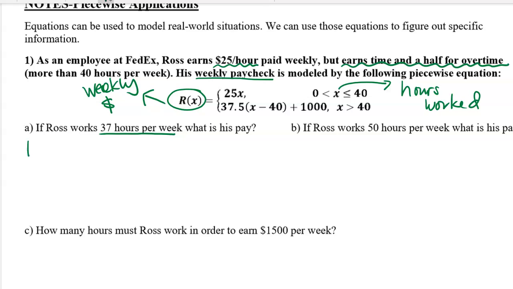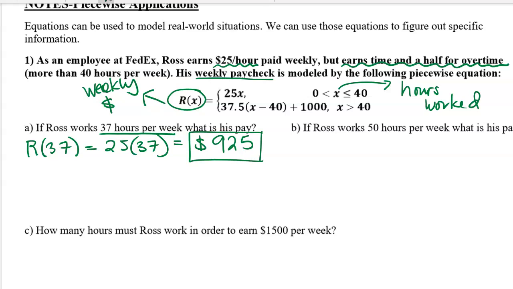Good job. All right, guys. So R of 37 equals 25 times 37. So we're plugging into the first one. Give me the final answer in this one. 925. What is the unit of measurement? That's his pay. Yep. Okay, so $925 if he works 37 hours.